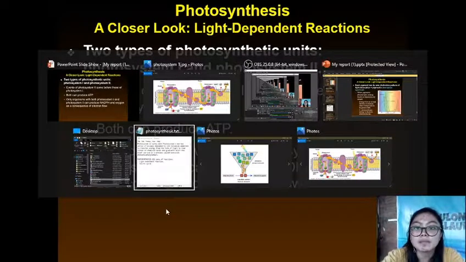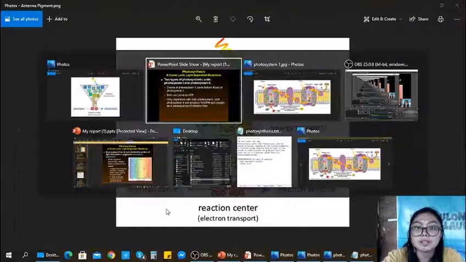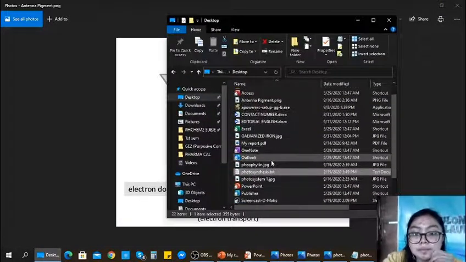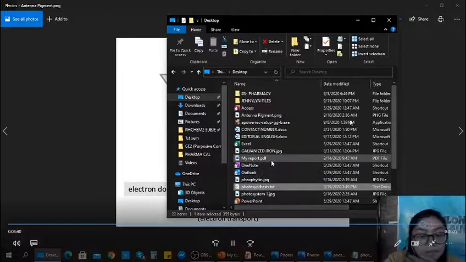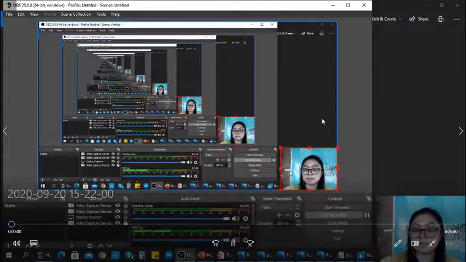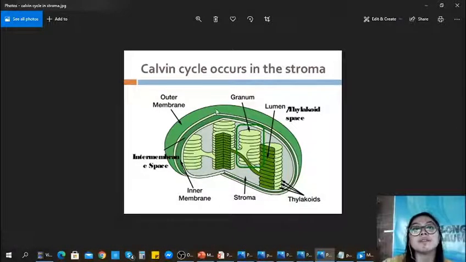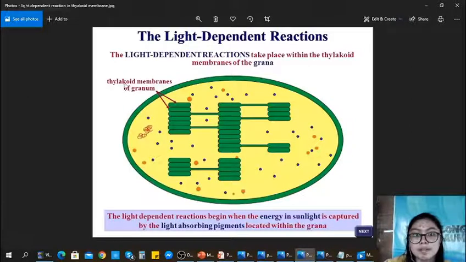So I have a sample here. Let me find it. Alright, so this is the example of the stroma, wherein the Calvin cycle occurs, while the light-dependent reaction occurs in the thylakoid membranes of the granum.